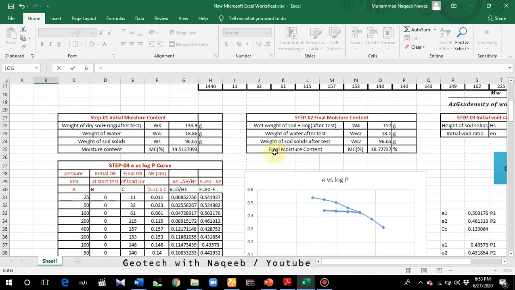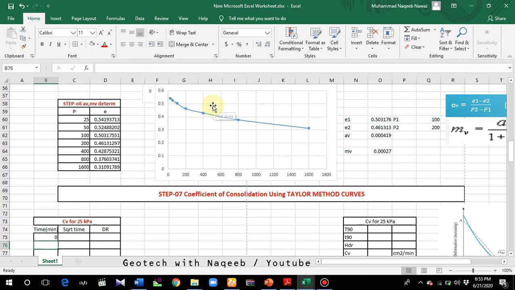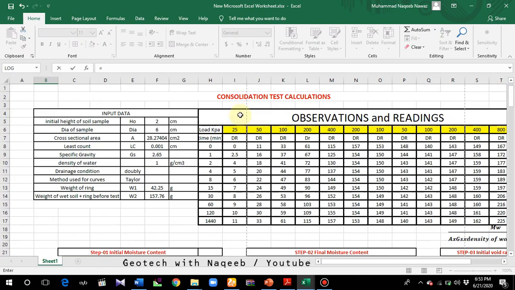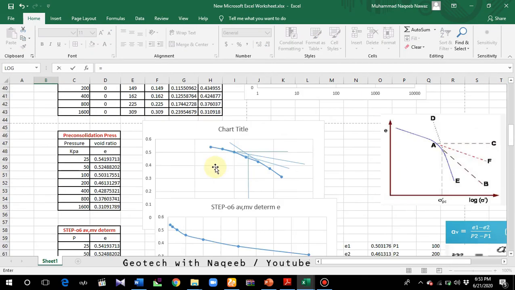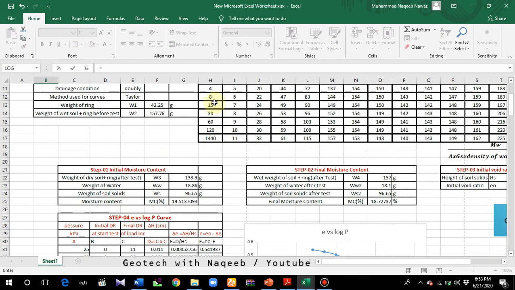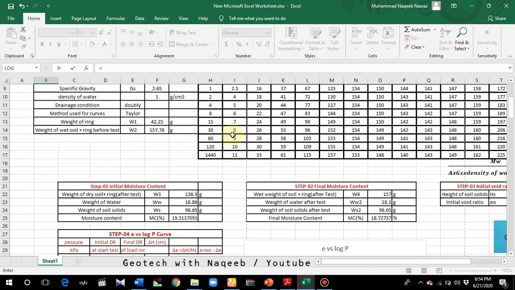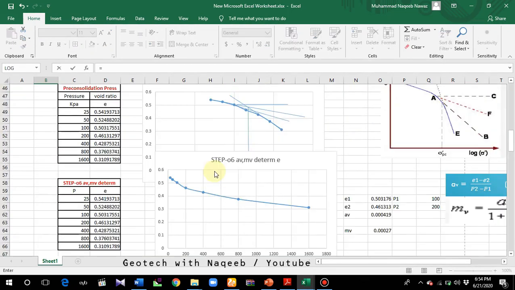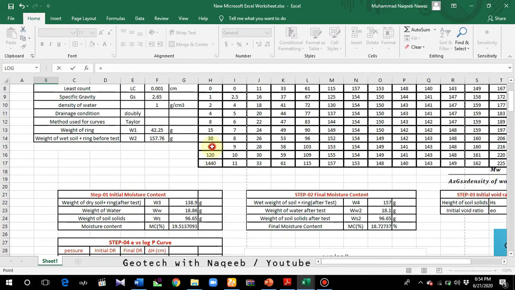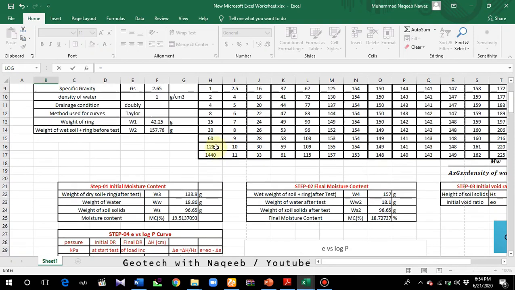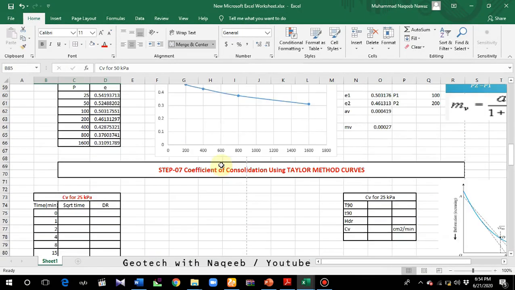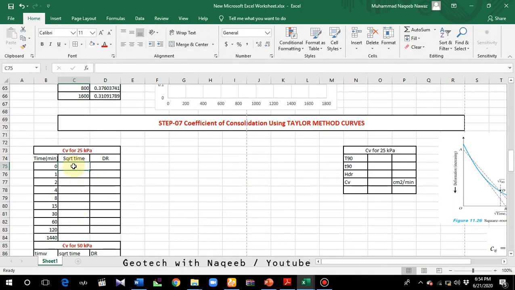Here I'll be selecting this time value: 0, 1, 2, 4, 8, 15, 30, 60, 120, 1440.